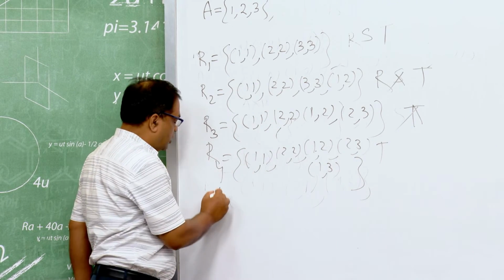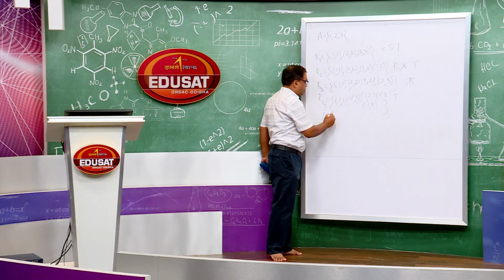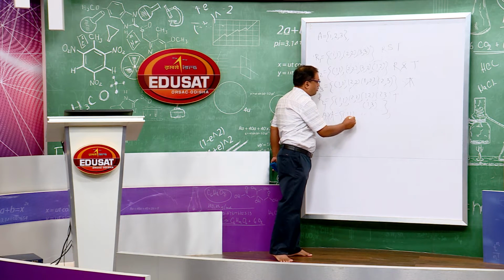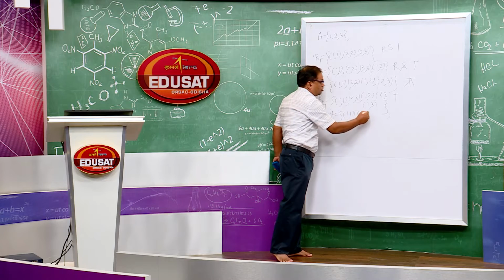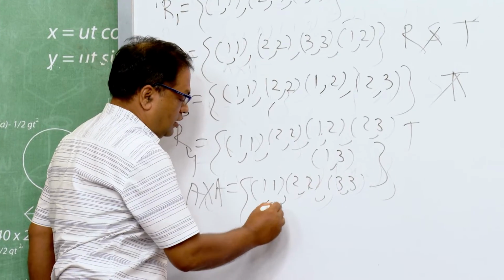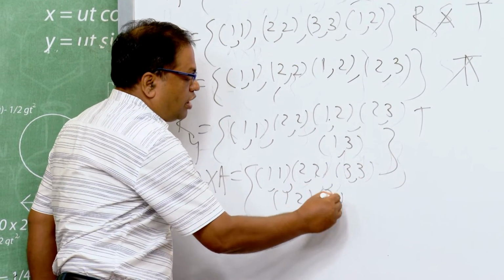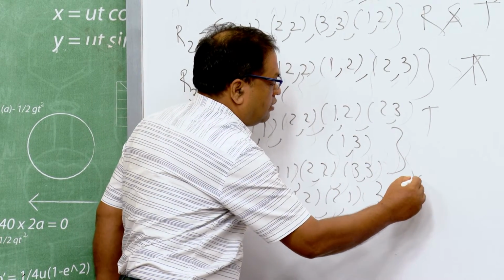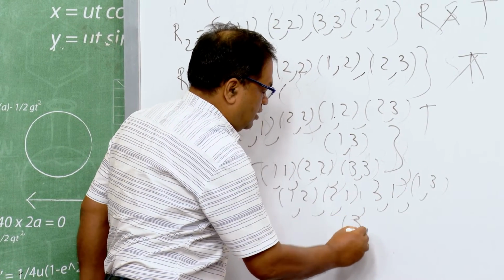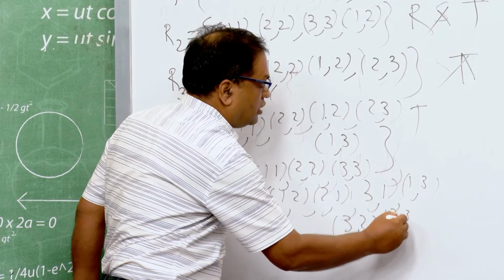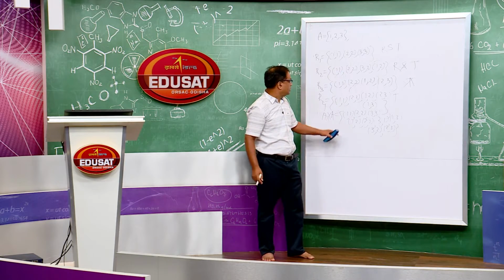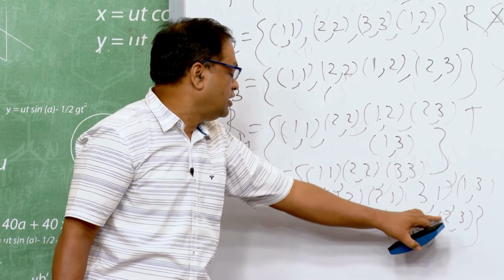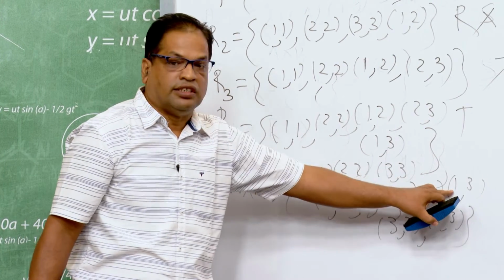Now, consider A cross A. So, what is A cross A? A cross A is (1,1), (2,2), (3,3), (1,2), (2,1), (3,1), (1,3), (3,2) and (2,3). Now, (1,2), (2,3) are present, so there is also (1,3).